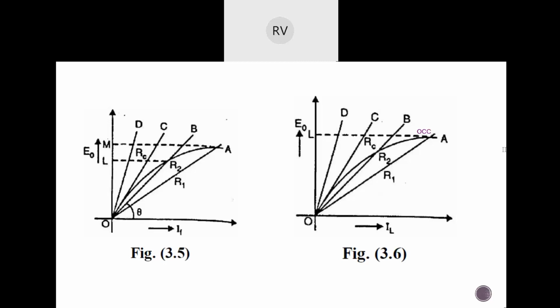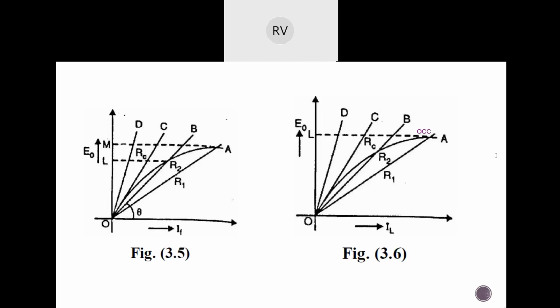So what we will understand from this is that the resistance at which the field resistance line becomes a tangent to the OCC is called the critical field resistance. In this case RC, that is the C line, is becoming a tangent to the OCC, right? When we draw the C line, you see that it becomes a tangent to the OCC.